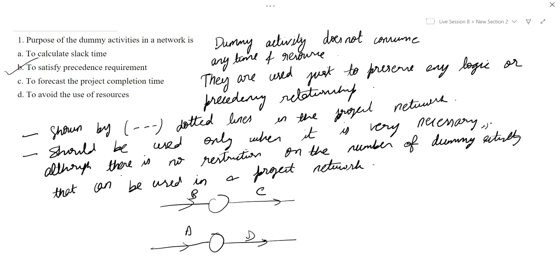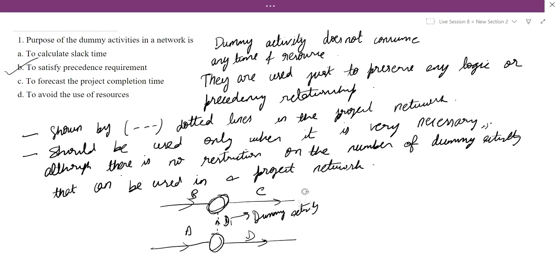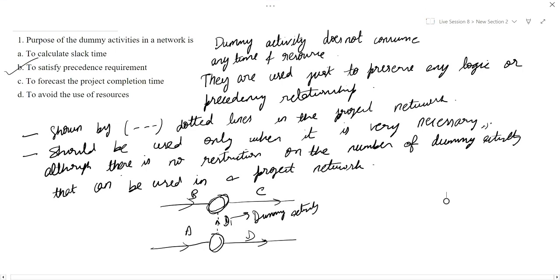So these are the events, head event, these are the events, and these are the activities. A, B, C, D are the activities. Now we will connect these events through a dummy activity. We can connect it like this and we'll term it as dummy activity. So in such cases we can use a dummy activity.